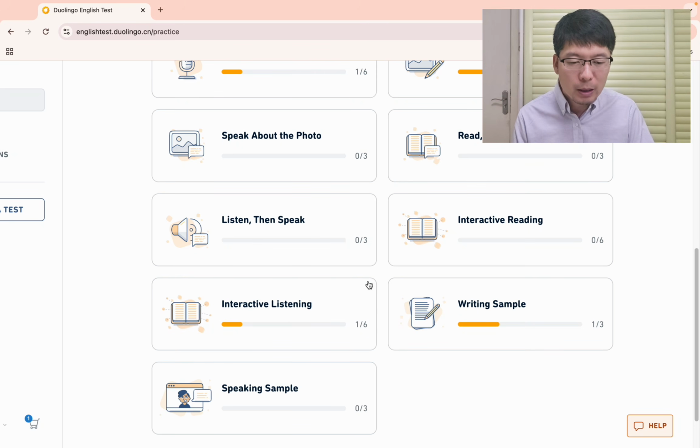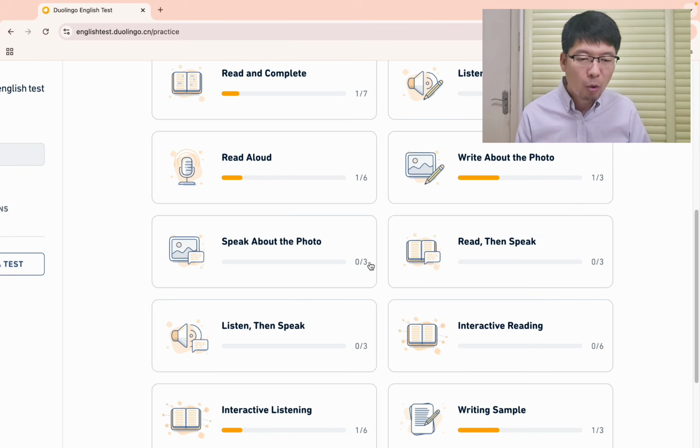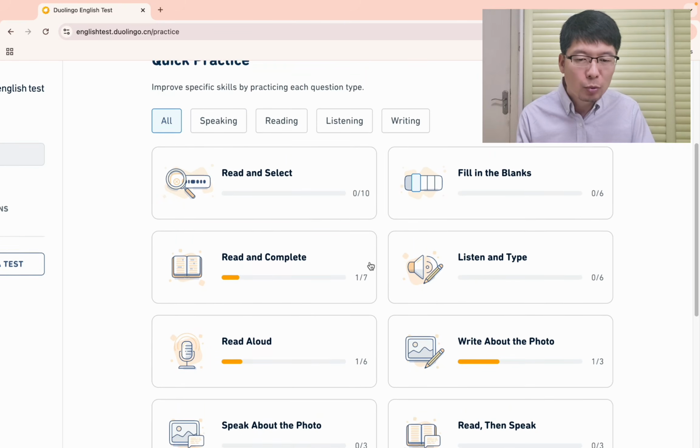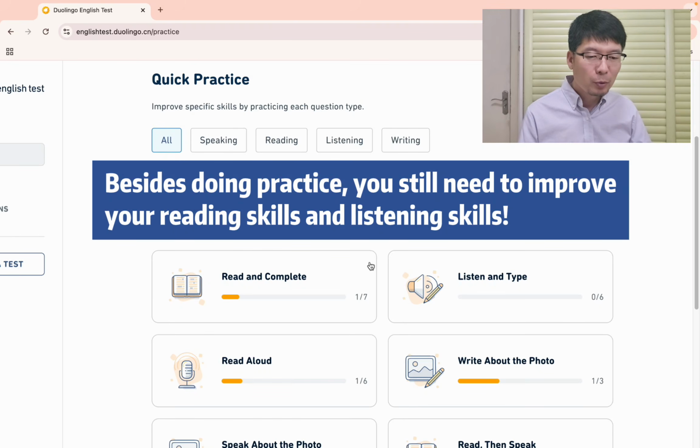But basically, after you're familiar with all the question types, you still need to improve your basic skills, like reading skills and listening skills, because sometimes even if you know the question types, if you don't know the words, maybe you cannot answer correctly.